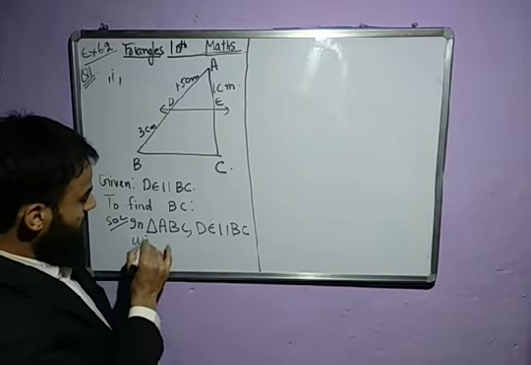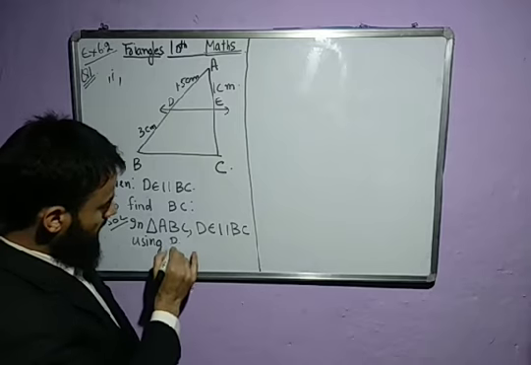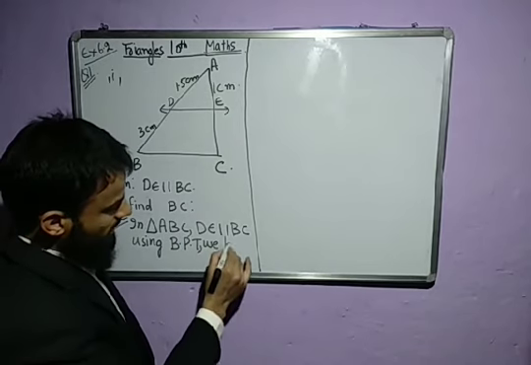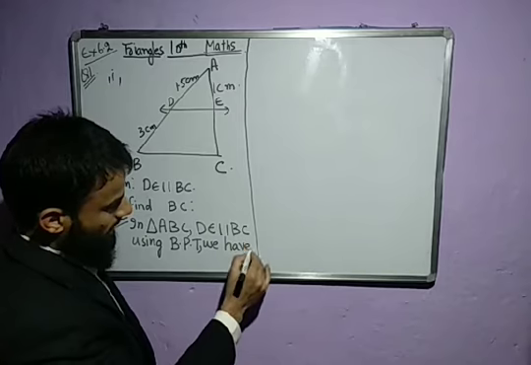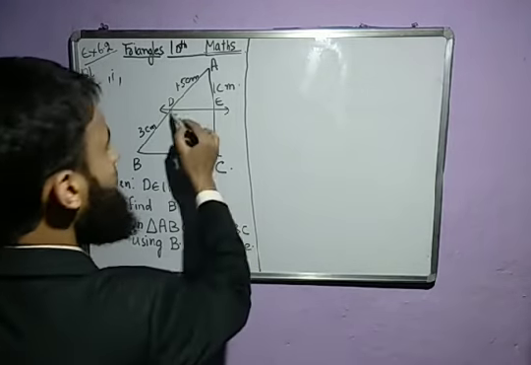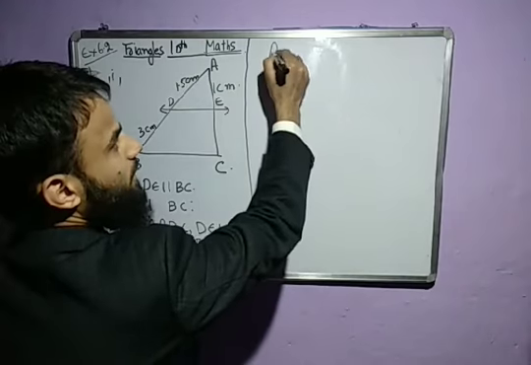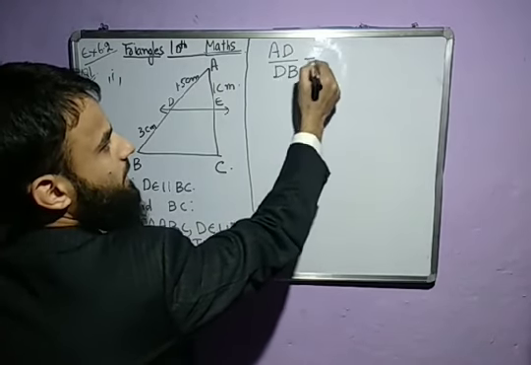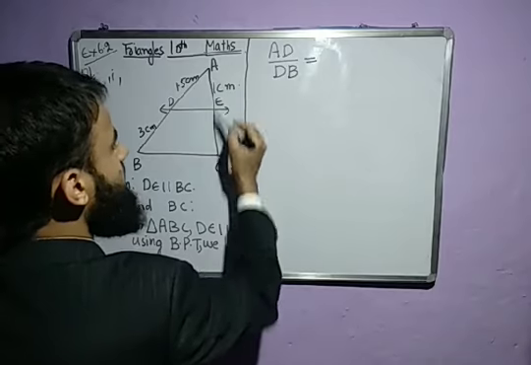So I can write here, using BPT, we have AD by DB is equal to AE by EC.